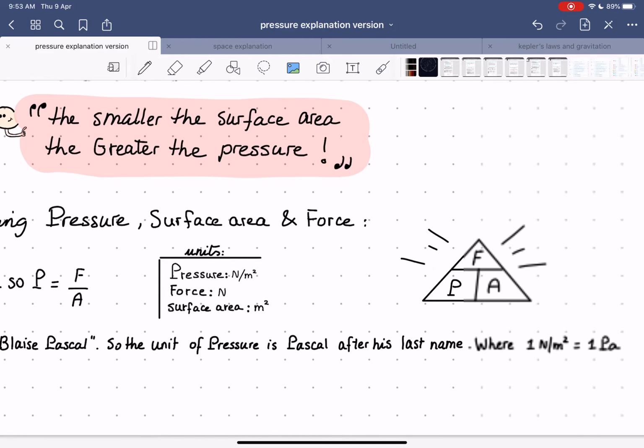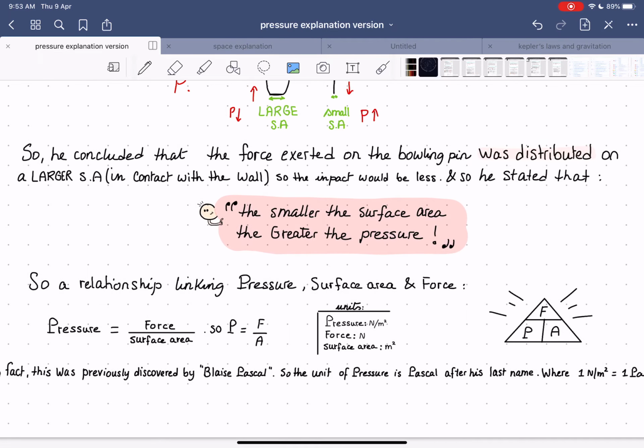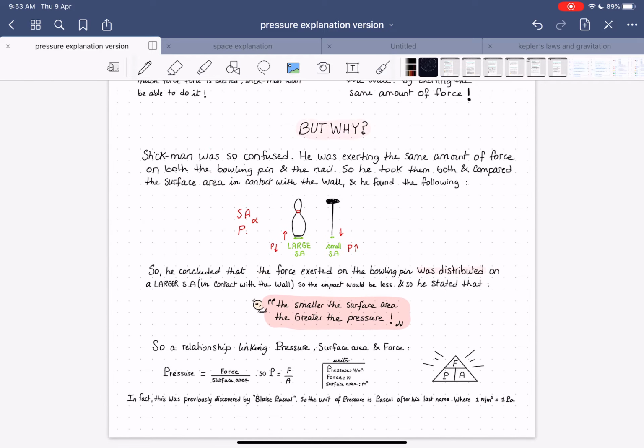We can rearrange the formula in this triangle. But in fact, this effect was previously discovered by Blaise Pascal, who was a French scientist, and so the unit was renamed Pascal, after his last name. So the pressure SI unit is Newton per meter squared, or Pascal.